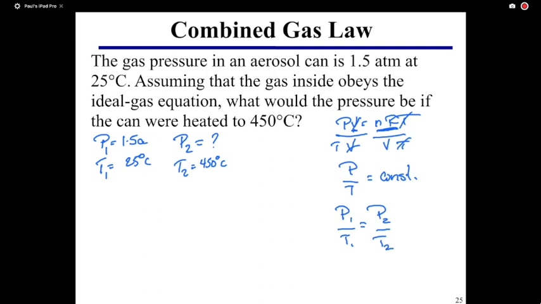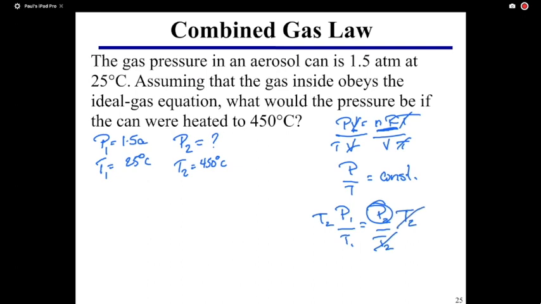Now, when I look at my equation, what am I actually solving for in my final problem? Which is it? The second pressure. I want this. This is a simplistic way to go about this. Do the math right here. Okay?